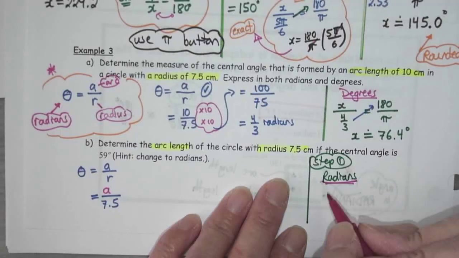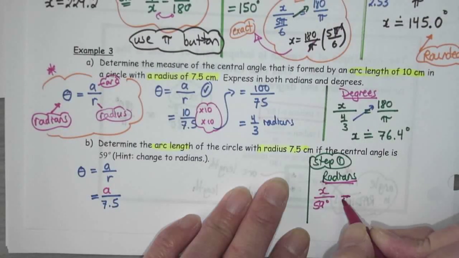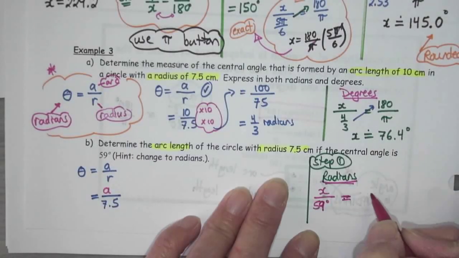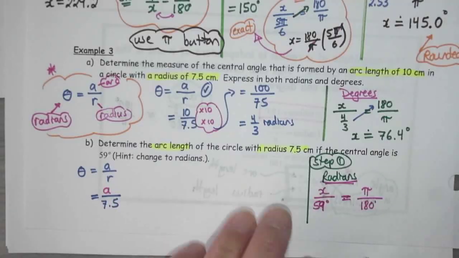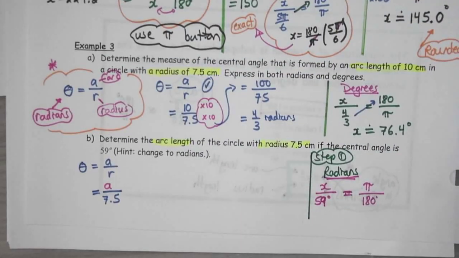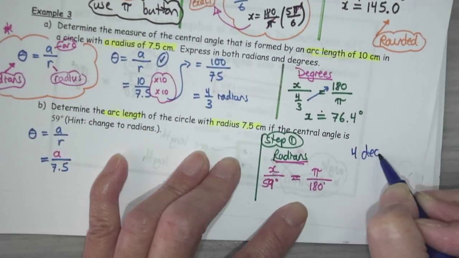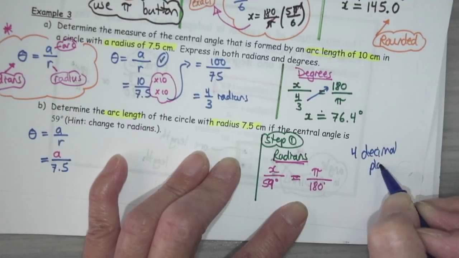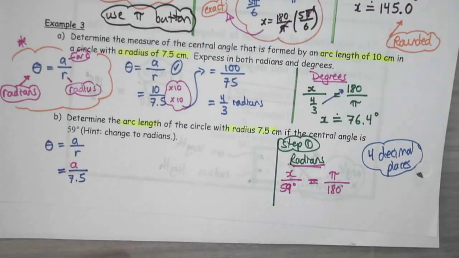So it's going to be x to 59 equals 59, this is 180 to pi. That will get me, now, whenever possible, try to keep 4 decimal places when we're dealing with radians. So 4 decimal places if it doesn't tell me, and then I'll round at the end, but try to keep more.